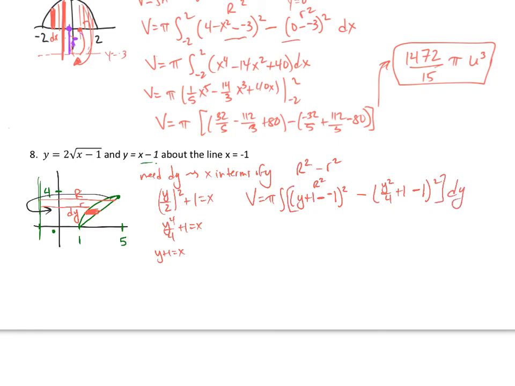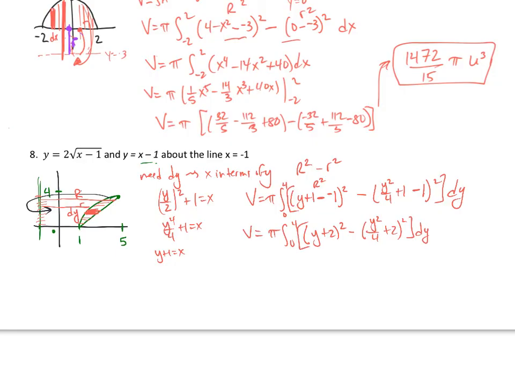All right, so the volume is going to be pi on the bounds from 0 to 4. Oops, I forgot to put the bounds there. From 0 to 4 because we're slicing it vertically from 0 all the way up to 4. And this ends up being y plus 2 squared minus y squared over 4 plus 2 as well, these quantities squared, dy.